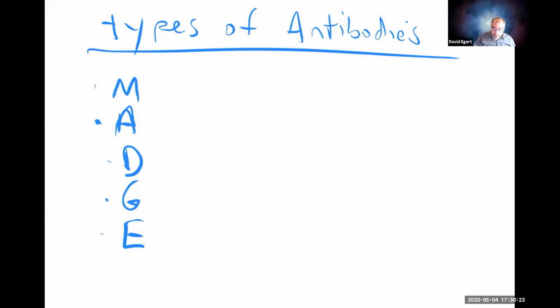So antibodies are also called immunoglobulins, also called gamma globulins. These are all synonyms.